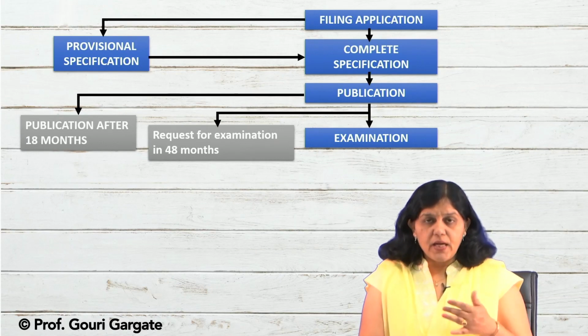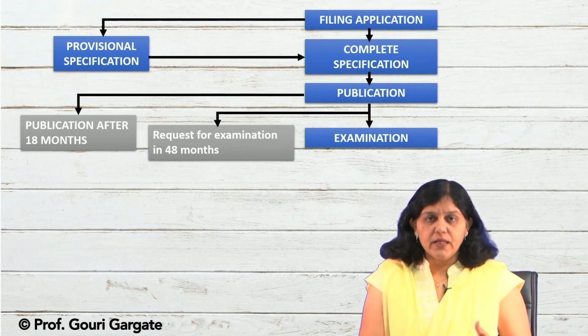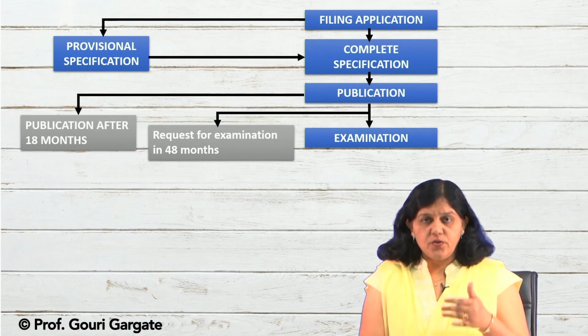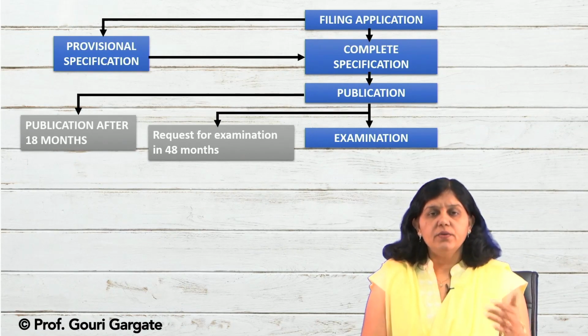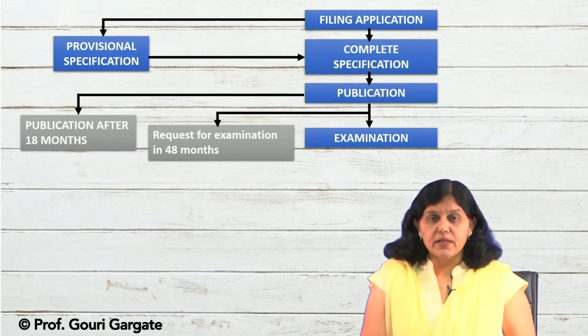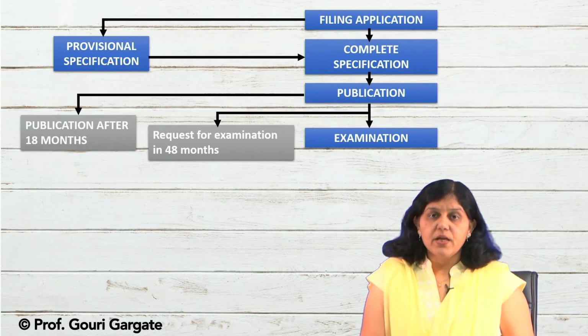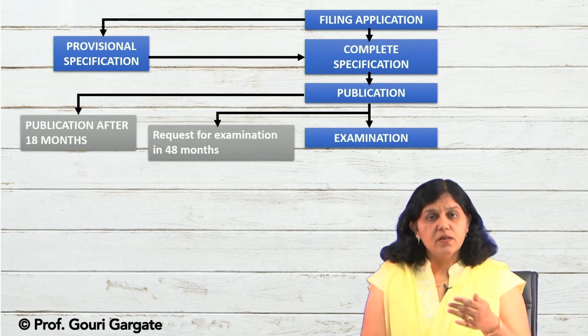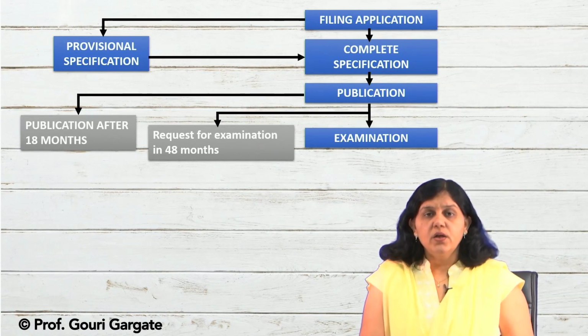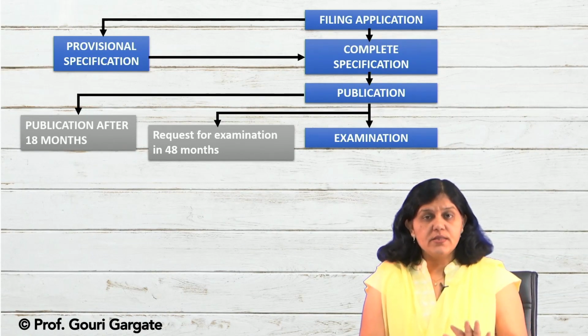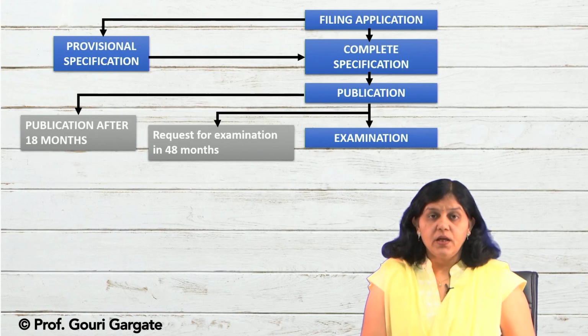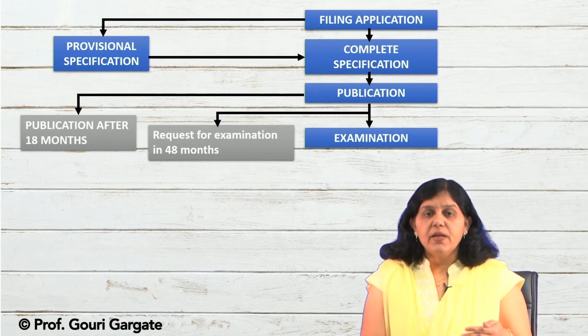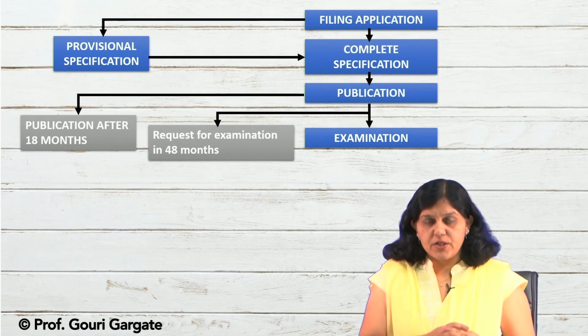So, if the patent application is related to mechanical engineering, then your application will be allocated to an examiner who is expert in mechanical engineering. If it is related to chemistry, then it will be allocated to a patent examiner who is expert in chemistry. In this way, the patent application is now under examination.